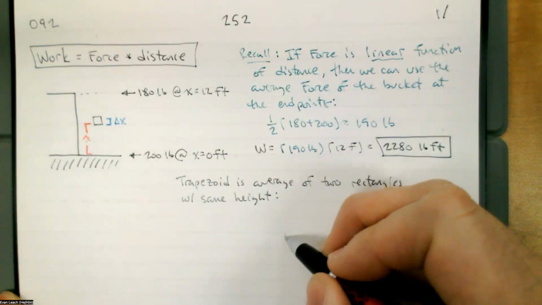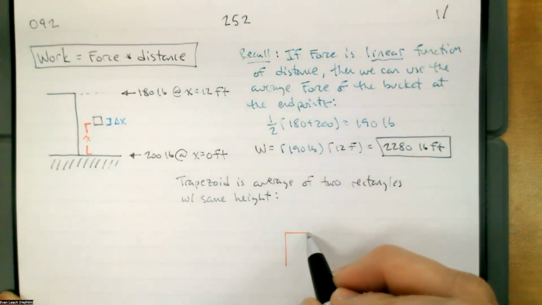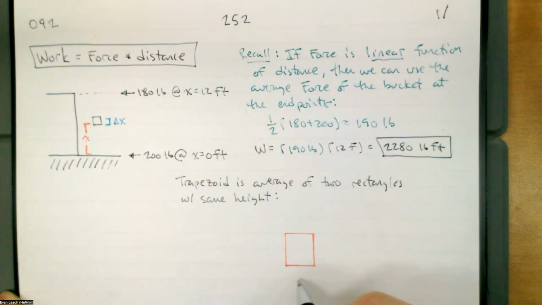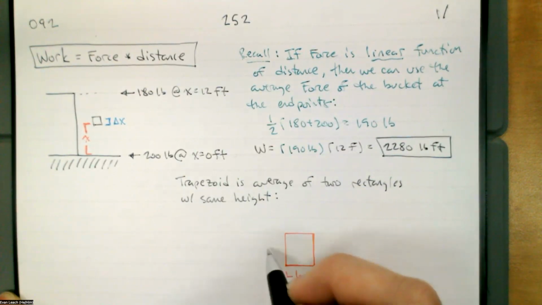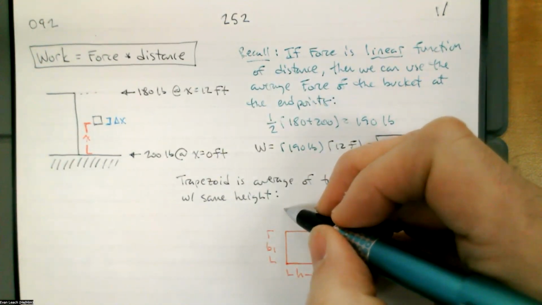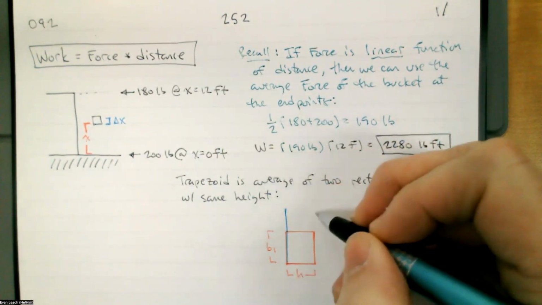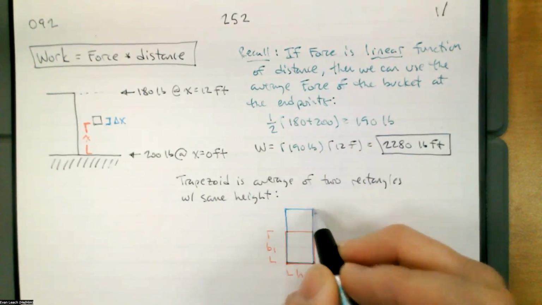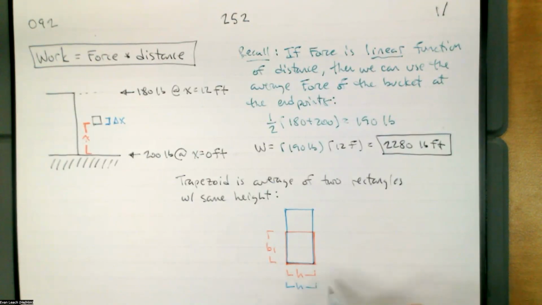So if we draw one rectangle with a base of B1 and a height of H, and we draw another rectangle with the same height of H and a base of B2, then the trapezoid is just the average of these two rectangles.